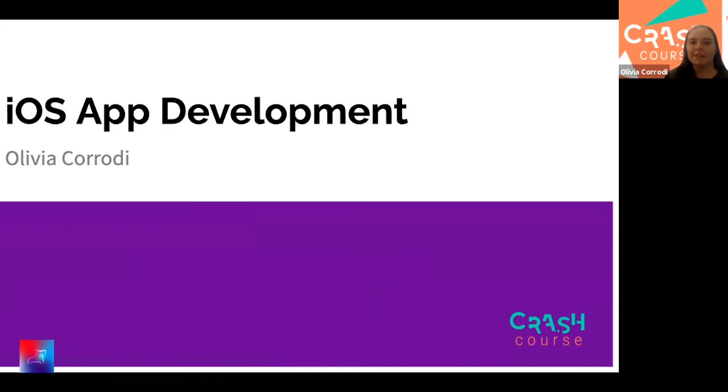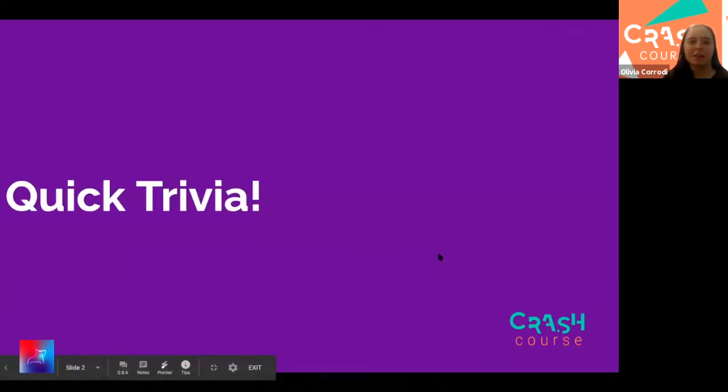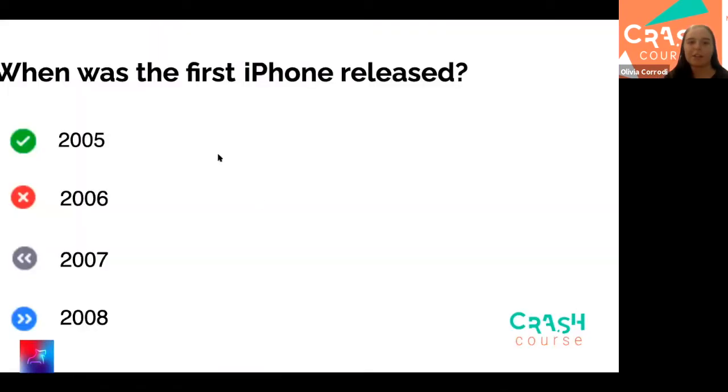Yeah, so I guess we can go ahead and get started then. First of all, we're just going to start with some quick trivia. You can just vote in the Zoom participants window. The first question is, when was the first iPhone released?